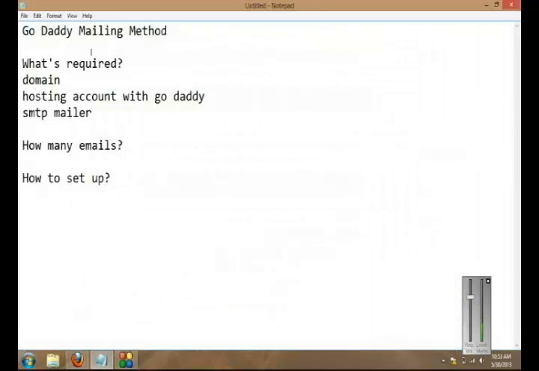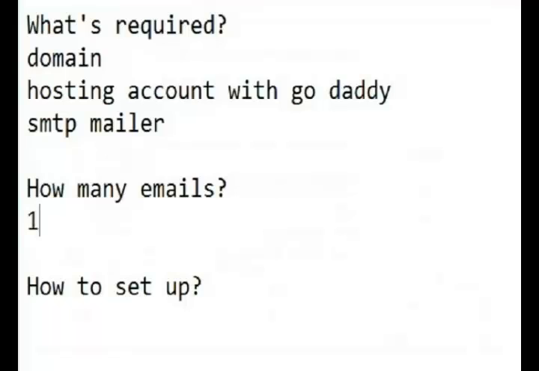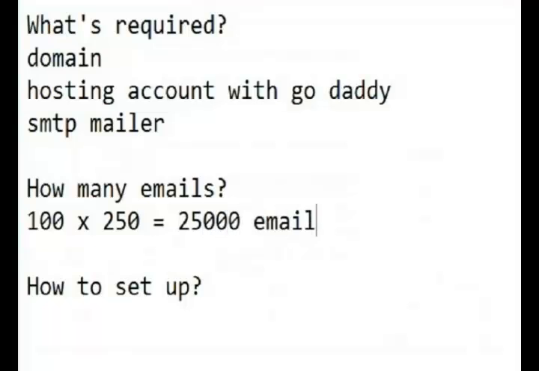Now, that being said, if you have 100 email accounts in which each of those you can send 250 emails, you can theoretically send 25,000 emails out per day through this method.